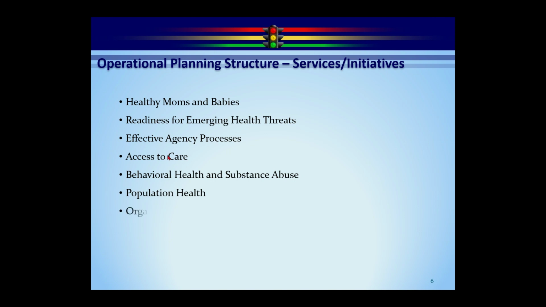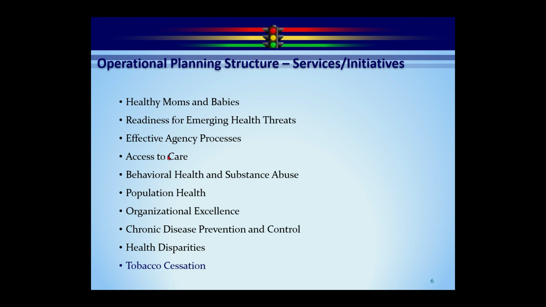Population health. Organizational excellence. Chronic disease prevention and control. Health disparities, and again, we'll use the example today of tobacco cessation. So if you look at these, they're not really actions. They're mostly just a definition of what's going to be within this section of the plan here.